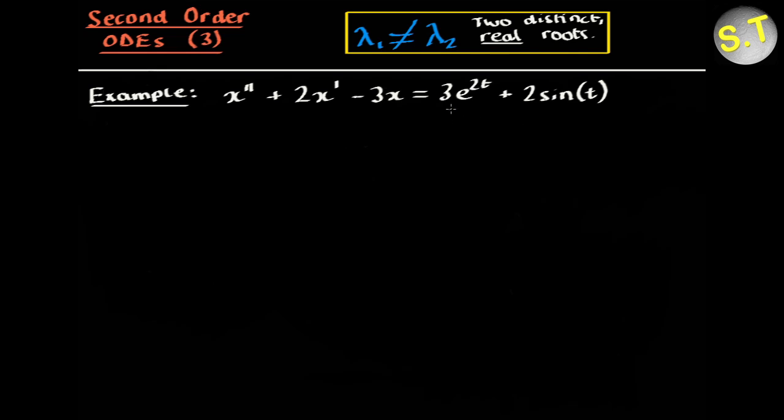So what does that mean? Well, here's our first one, and here's our second one. So what that means is we're going to have two separate equations that we need to solve. So we're going to need to solve x double prime plus 2x prime minus 3x is equal to 3e to the 2t.